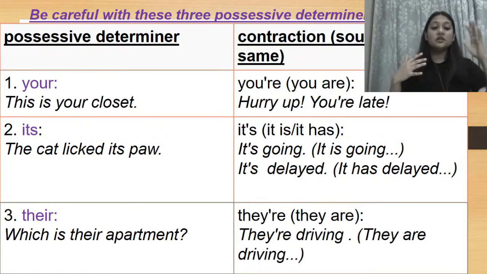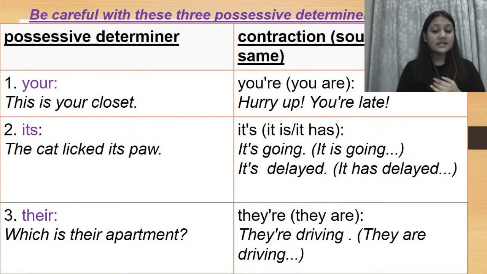"Your" talks about the possession of a thing, but "you're" is something different. Like, you are getting late, get up, hurry up. It says, hurry up, you are late. Y-O-U-R and Y-O-U apostrophe R-E are different.